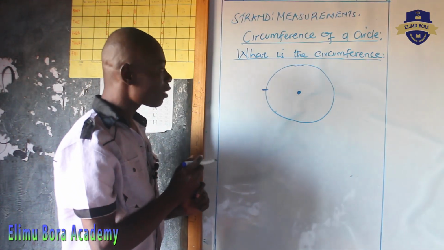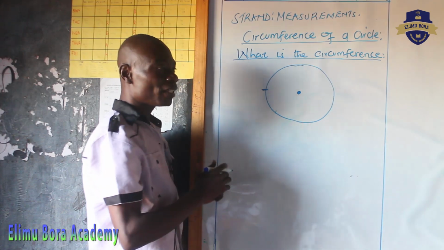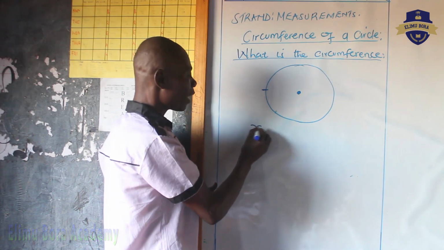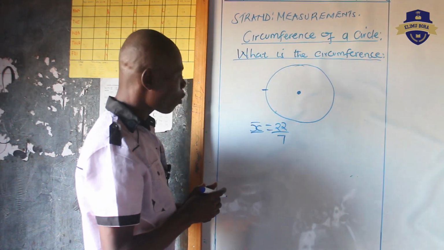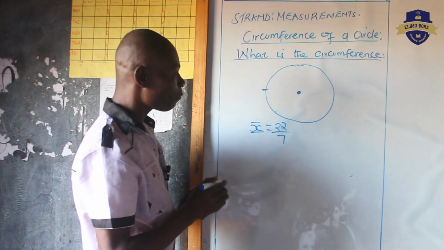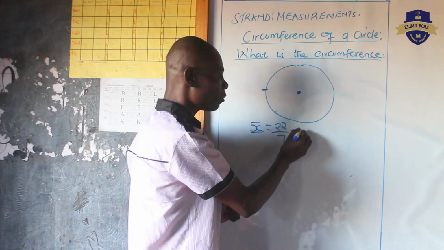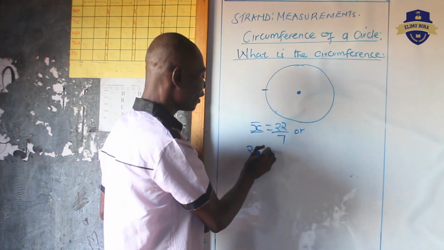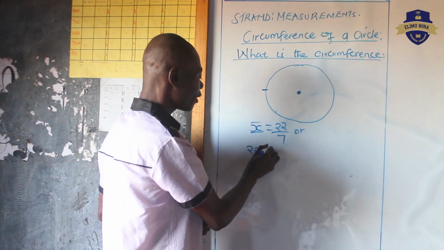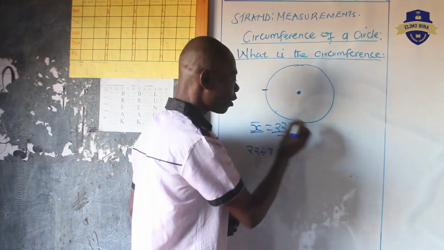In grade 7, as you learned, how do you find the value of pi? The value of pi is always 22 out of 7. We can still express the value of pi in terms of decimals by taking 22 divided by 7 to get, what do you get?